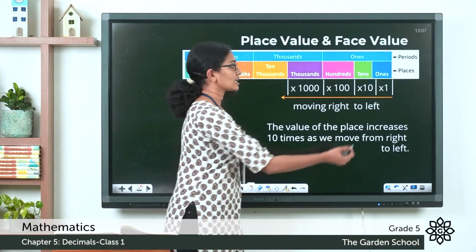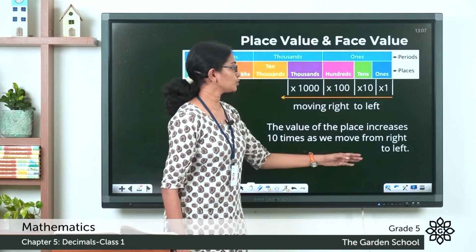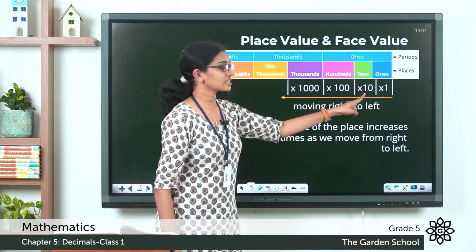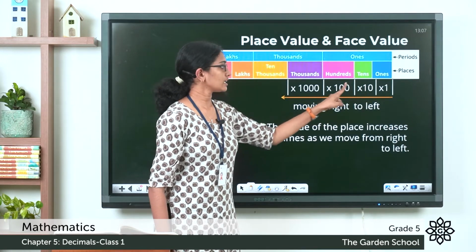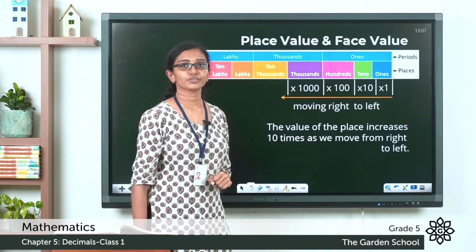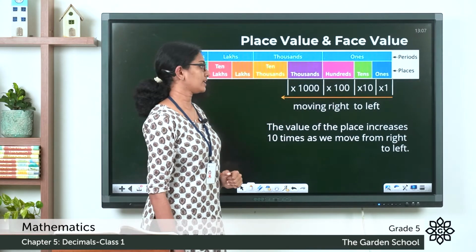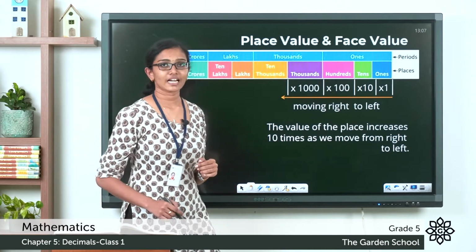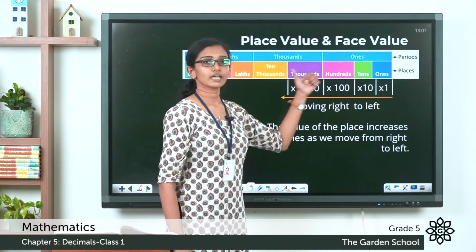It increases 10 times every time you move from right to the left. See, 1 into 10 is equal to 10. 10 into 10 is equal to 100 and 100 into 10 is equal to 1000 and it goes on like that. So the value of the place increases 10 times as we move from right to the left.